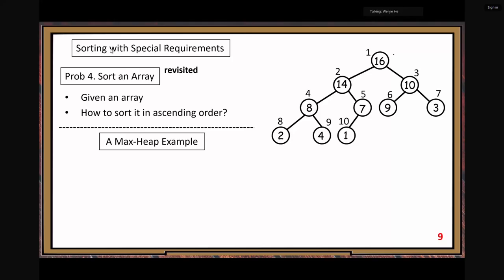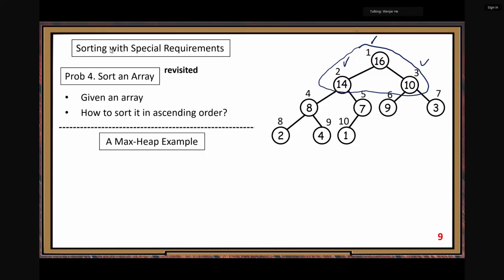Outside is the index number: 1, 2, 3, 4, in that order. For each node, each parent-child triangle, you can check the max heap property.